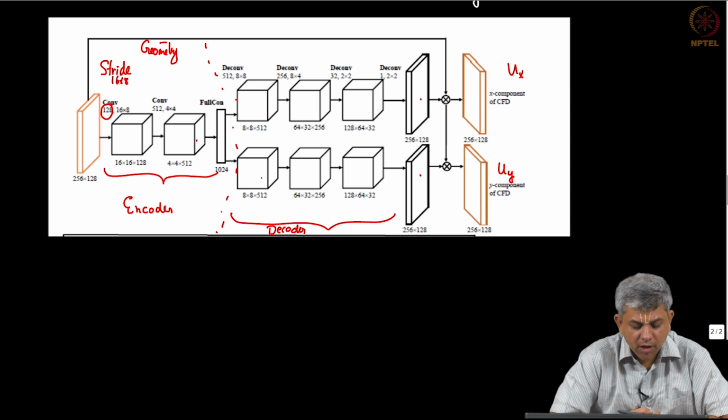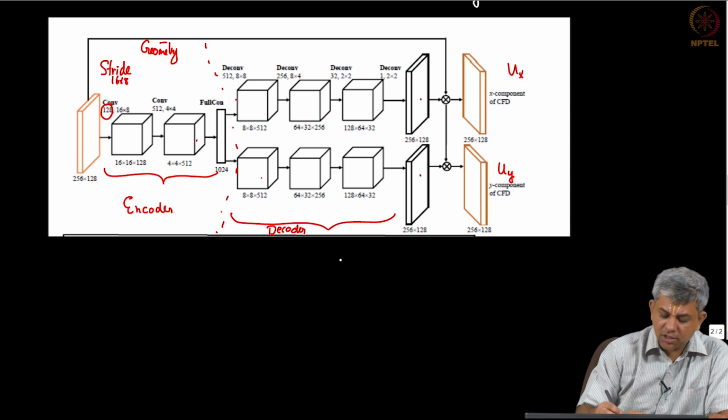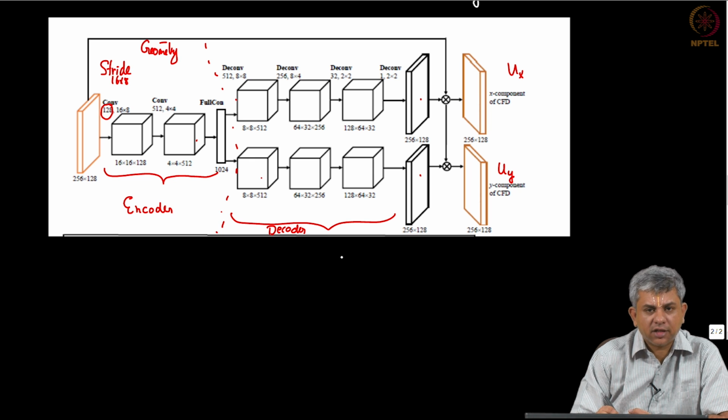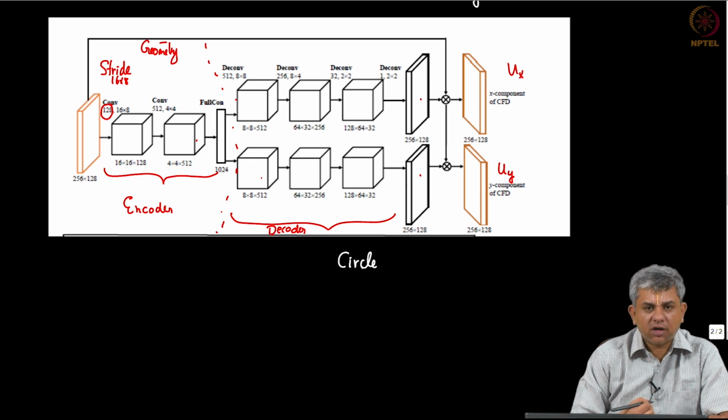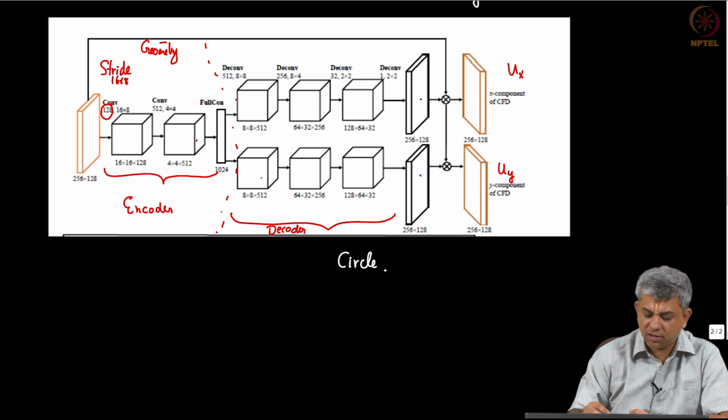Now, this work by Guo and co-workers, what they did was they used simple shapes, the kinds that I had described earlier, for which CFD tends to work a little bit fast for several technical reasons.